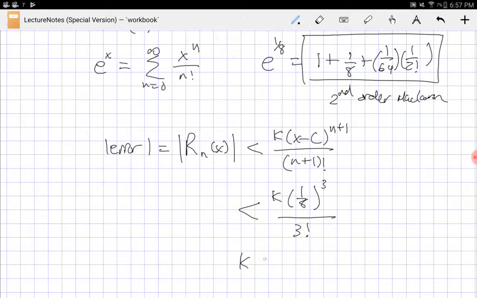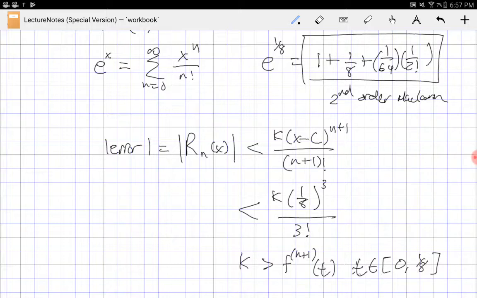k is greater than f to the n plus 1 of x, where x belongs to the interval 0 to 1/8. So I picked the, or not, I guess x is not a great choice because we used x already.